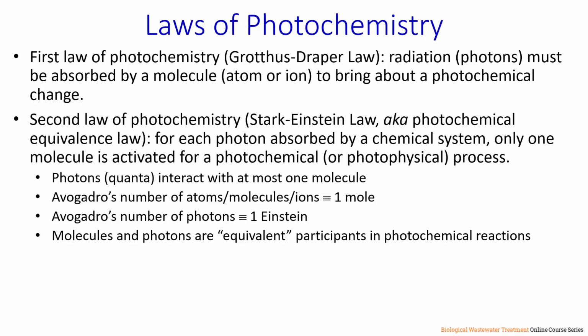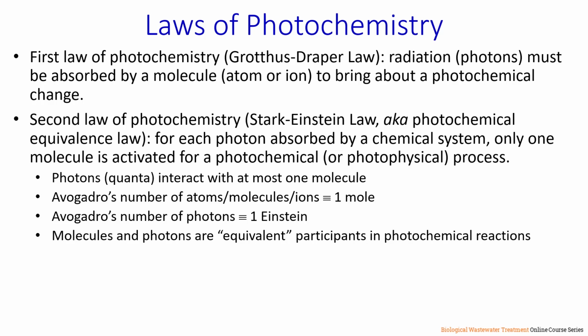First, it implies that photons, or quanta, interact with at most one molecule. And in fact, if we consider that a little bit further, an absorbance event is an all or nothing event. Either all of the energy of a photon will be absorbed by a molecule, or none of it will. There is no partial absorption of photon energy.